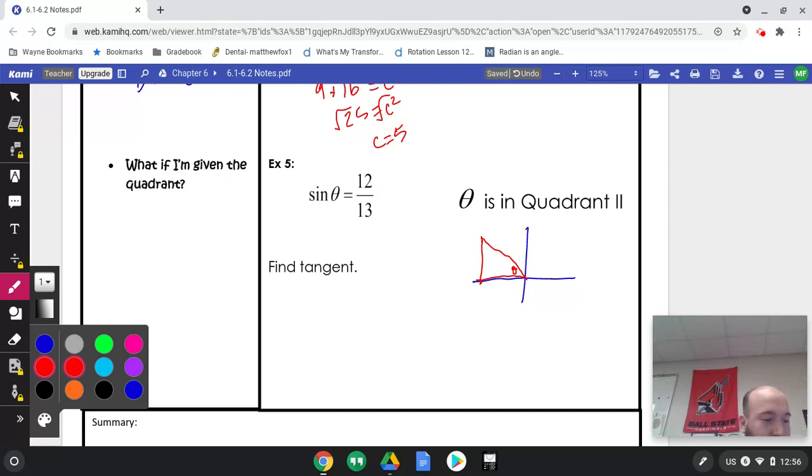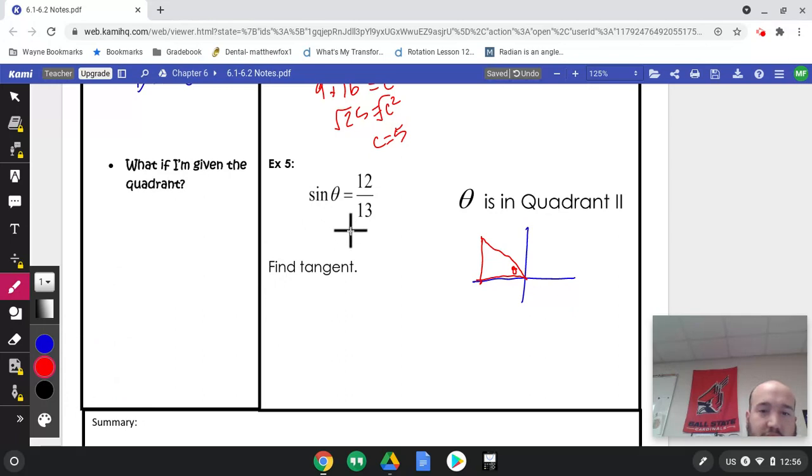Okay, not the best theta, but it'll work. Now, since this is sine of theta, sine we know is O over H. So the opposite is 12. The hypotenuse is 13. I don't know what A is, but I can solve it.